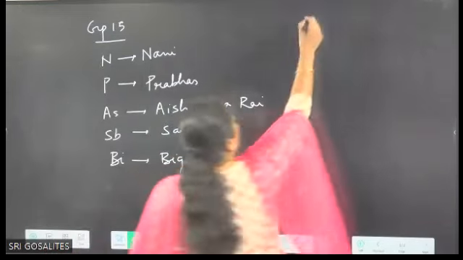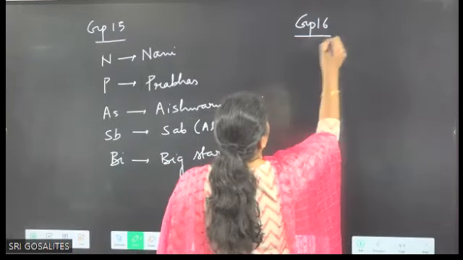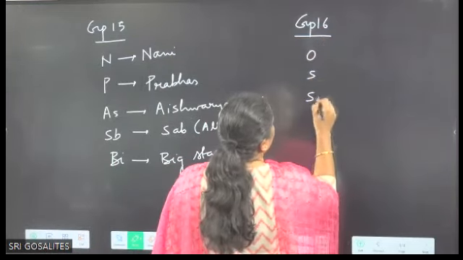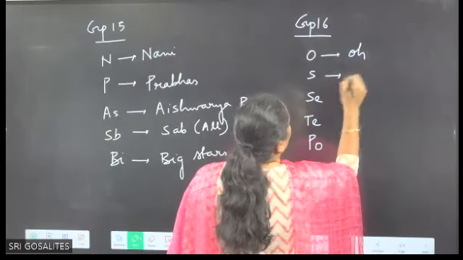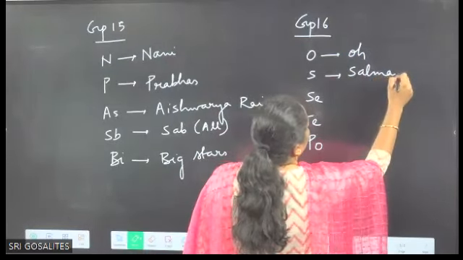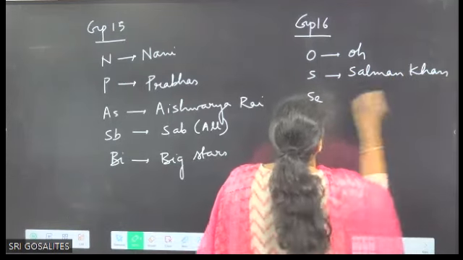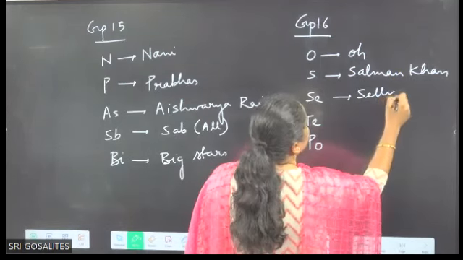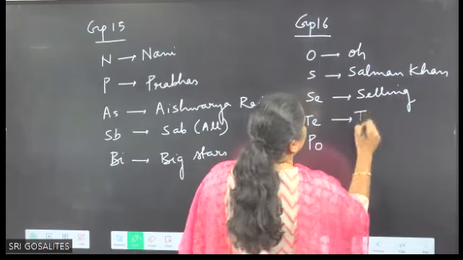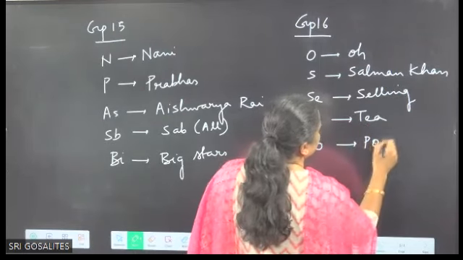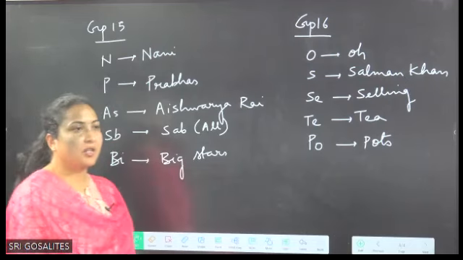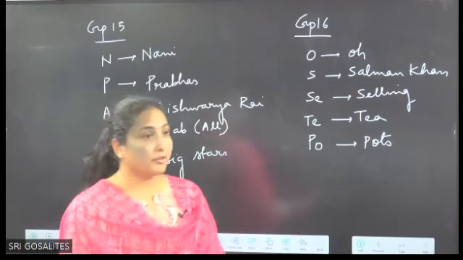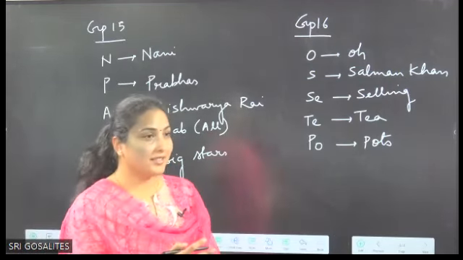Now, let's go for group 16. Group 16 is oxygen, sulfur, selenium, tellurium, polonium. So you can think, oh, Salman Khan selling teapots. Salman Khan is again a big star and people will be shocked to see that he's selling teapots, right?